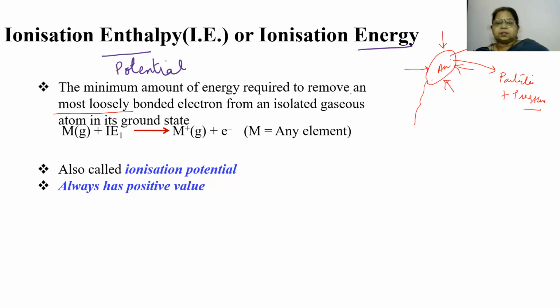If I remove the words most loosely bonded, and write the words valence shell electron instead of it, what happens? Let's take the example of, say, carbon. Carbon has configuration 1s2, 2s2, 2p2.